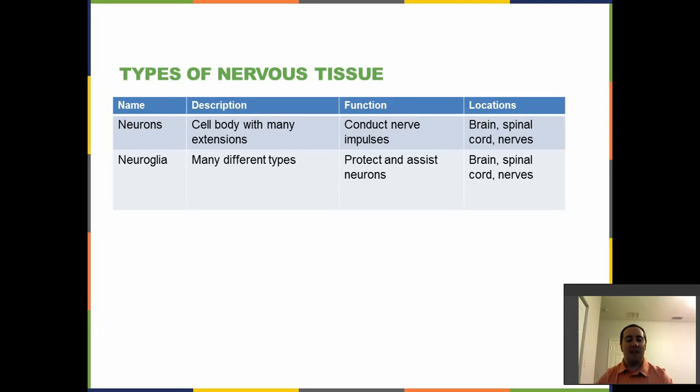So an athlete or a celebrity or anybody who has a very, very important job, or even a boss, a CEO of a company, they have all these people that help them do their job so they can focus on the part that only they can do. So the neuroglia help the neurons to carry these signals. They're going to protect the neurons.